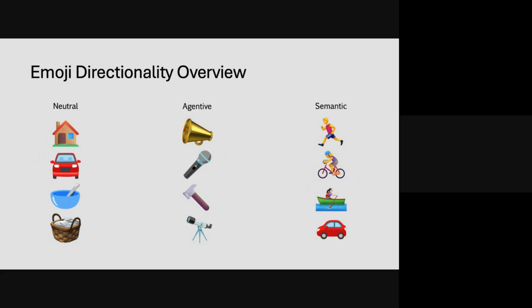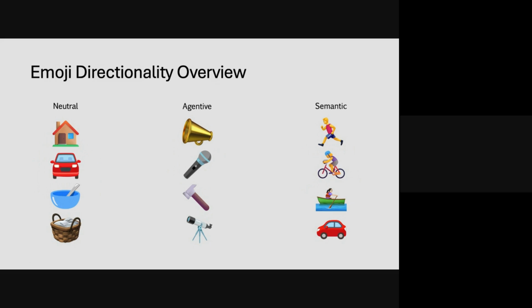It's not the strongest type of directionality, but if the megaphone is facing this way, then it's indicating that sound is being blasted off in this direction. Or if the microphone is facing this way, it's indicating who's speaking in the sequence. The hammer is pointing to what is being fixed, and the telescope is pointing to what is being magnified or investigated.